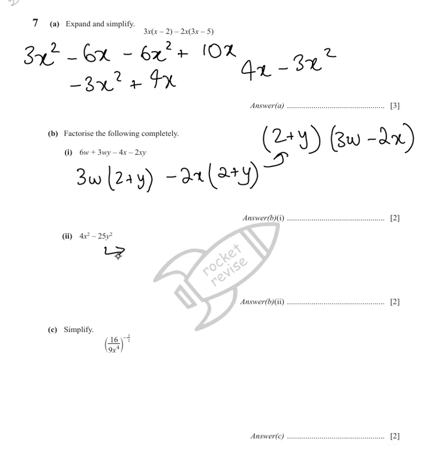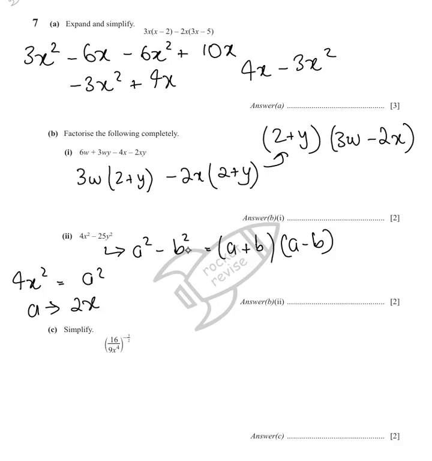Which identity is present here? A square minus b square equals a plus b multiplied by a minus b. If 4x squared equals a squared, what does a become? 2x. Good job.